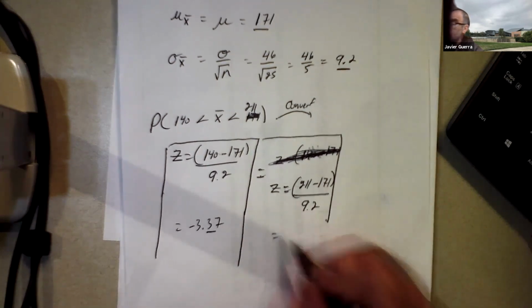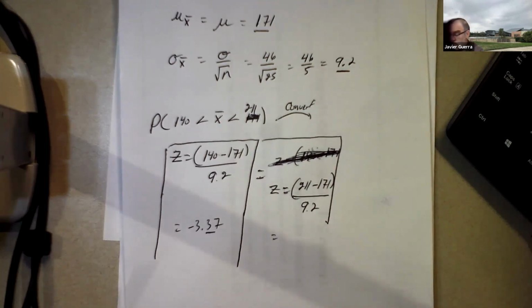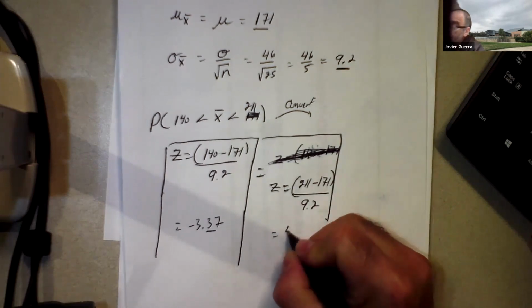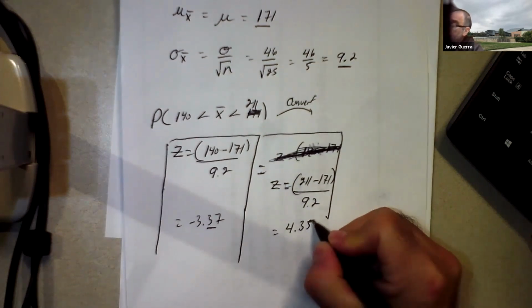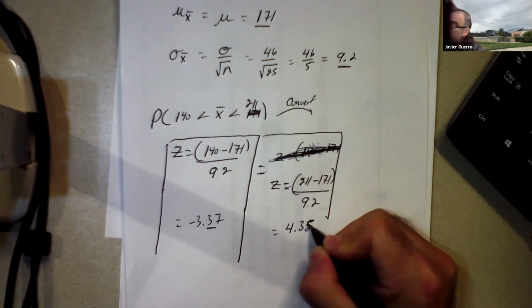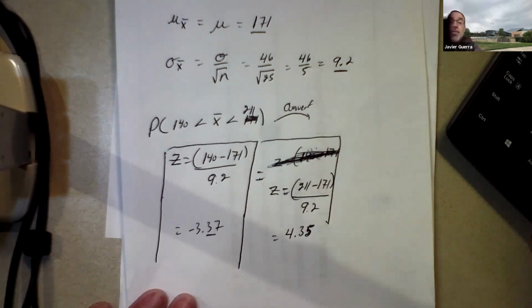The other one, if I rounded to two places behind the decimal, I got 4.35.